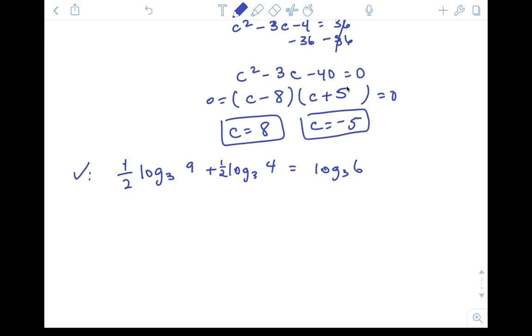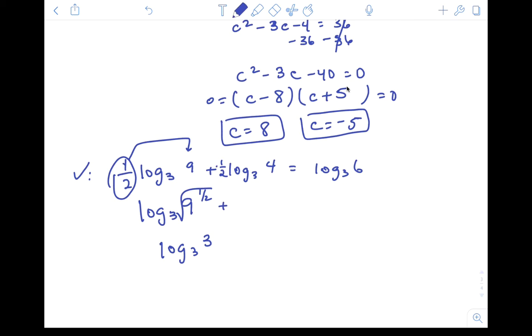Okay, so what do we have? We have different ways of doing this. Okay, so the 1/2 can go up with the 9. So log base 3 of 9 to the 1/2. Well, that's really the square root of 9, right? 9 to the 1/2. So the square root of 9 is 3.